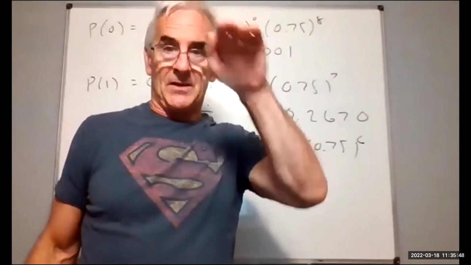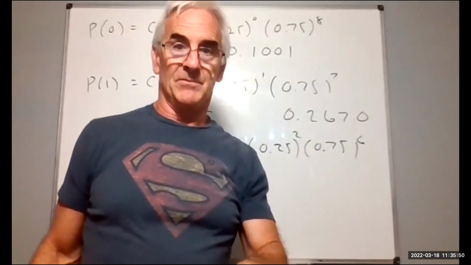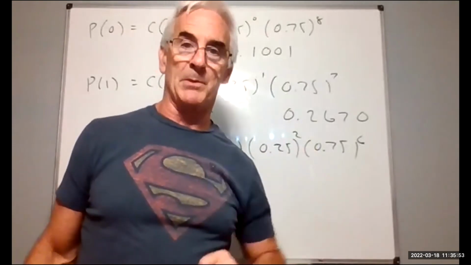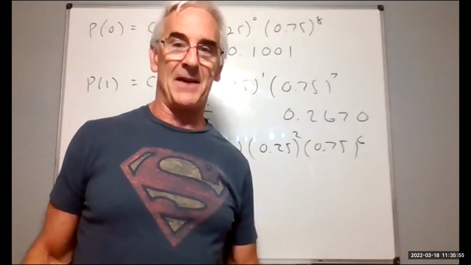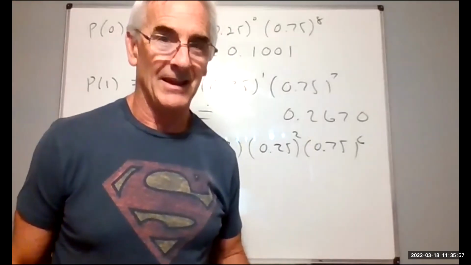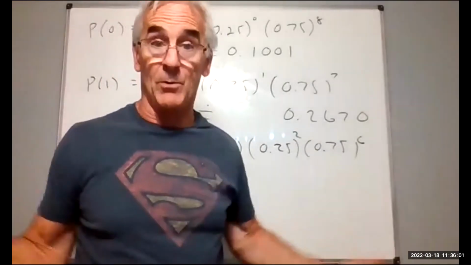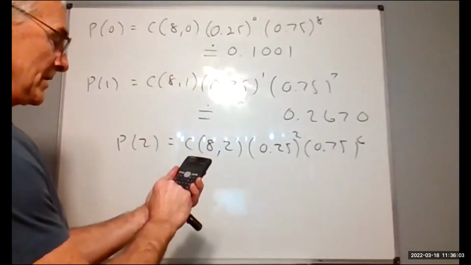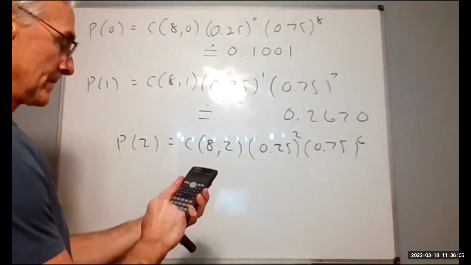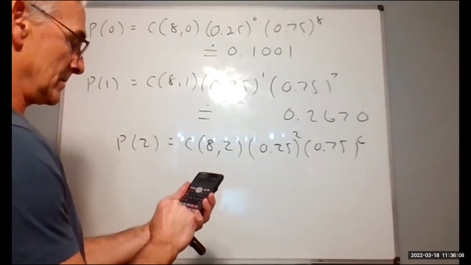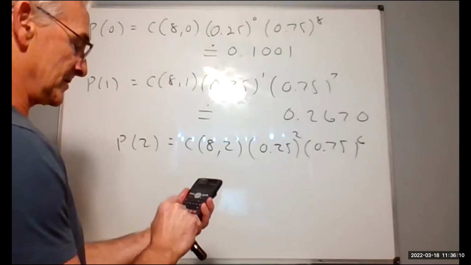At the end of the line, if I did all of the probabilities, 0 through 8, tell me something about those probabilities as a whole. They have to add up to 1. Exactly 1, because I've covered all my bases. So this one here, 8 choose 2 times 0.25 squared times 0.75 raised to the 6th.